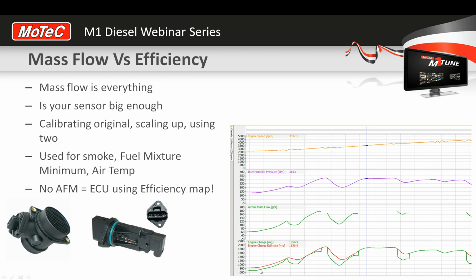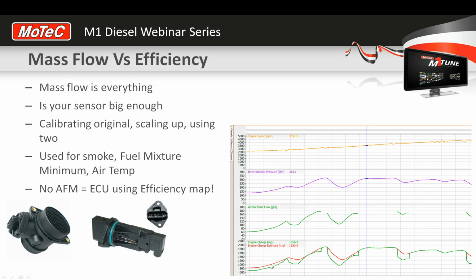And if we convert that to lambda, then that is the lambda estimate channel. It is engine charge divided by the mass of fuel going into the engine, and you divide one into the other and you get an air-fuel ratio of, say, something like 22:1, which converts to a lambda of, I don't know, 2:1 or something like that.